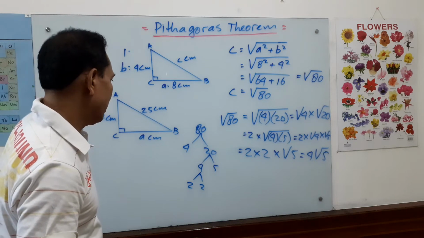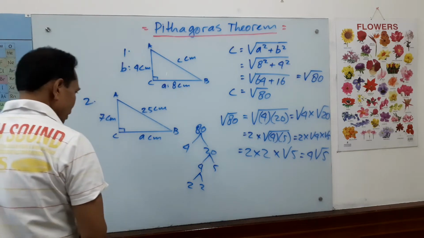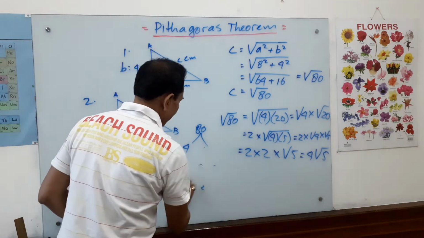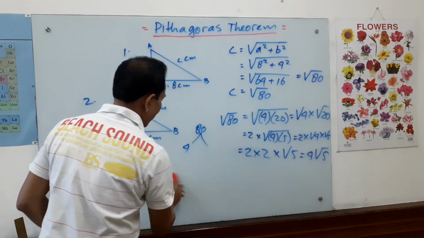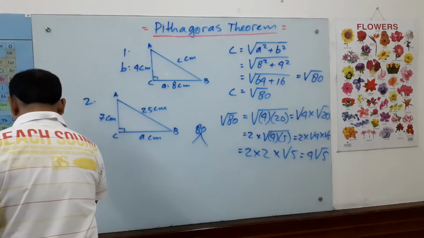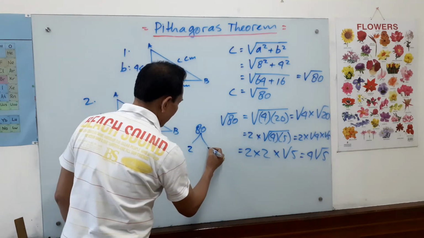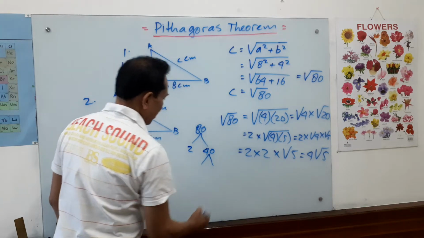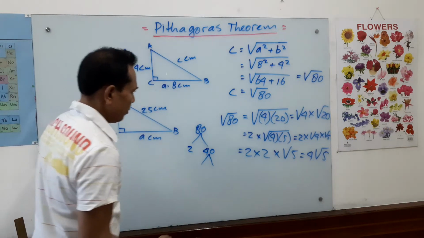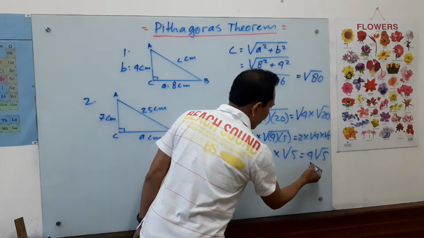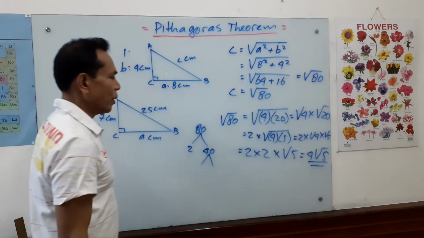I think we use the other way, which is better, to make it easier. So we have 2 here, and then we have 40 here. So basically the answer is 4 square root 5.